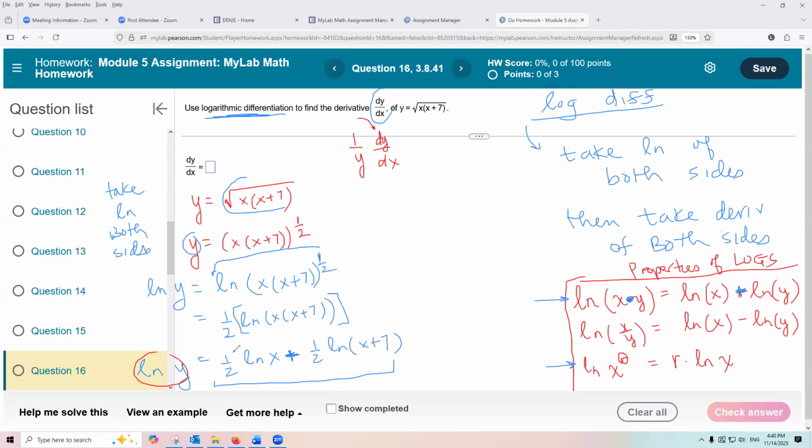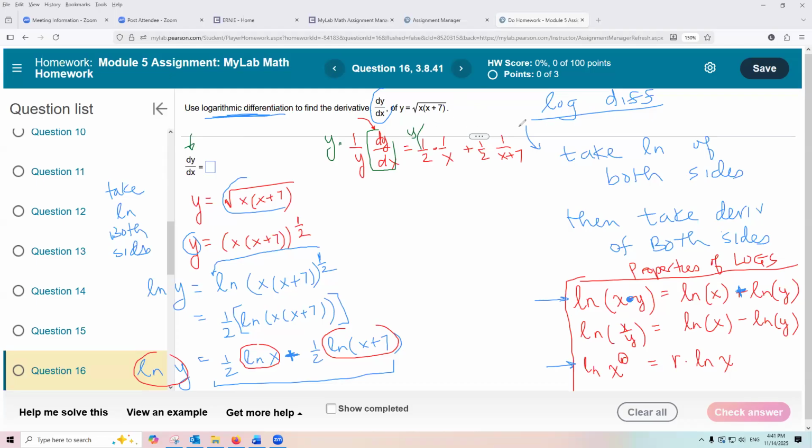All right, let me come over to the right-hand side now. The derivative of ln x is 1 over x. And the derivative of ln (x plus 7) is 1 over x plus 7. All right, let me multiply both sides of this equation by y, because I want to get dy dx by itself, because that's the answer format I'm looking for.